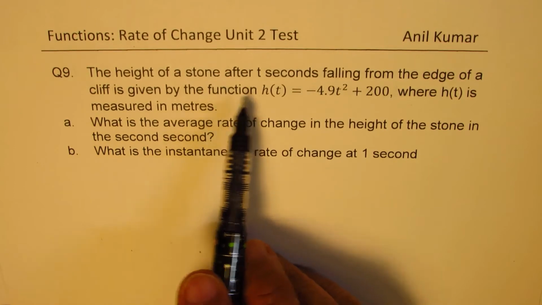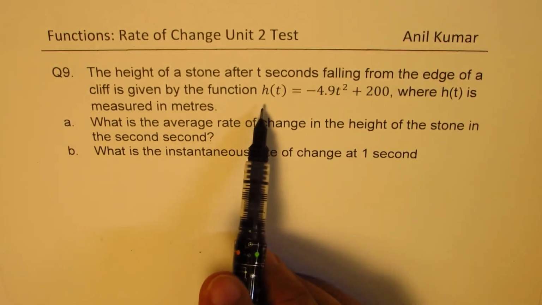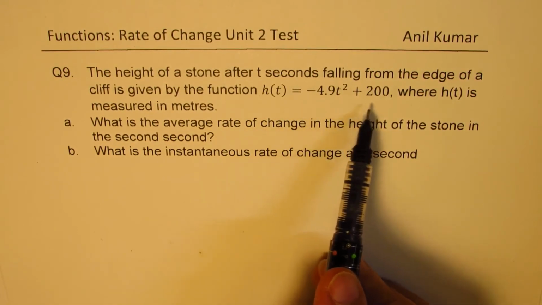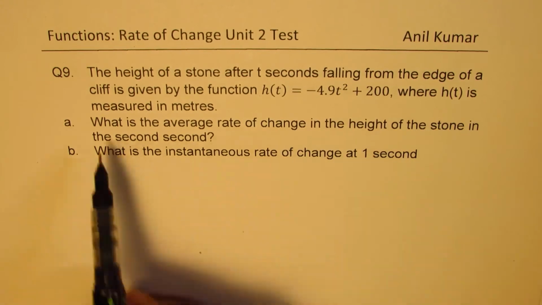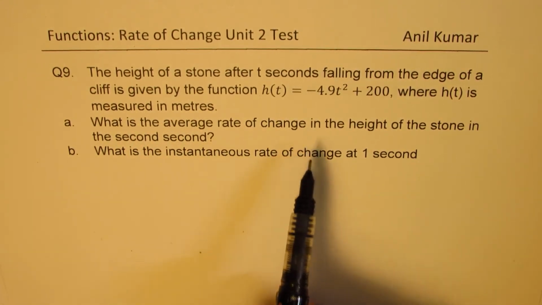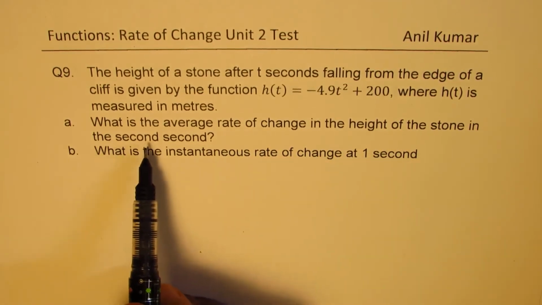9. The height of a stone after t seconds falling from the edge of a cliff is given by the function h of t equals minus 4.9 t squared plus 200, where h of t is measured in meters. What is the average rate of change in the height of the stone in the second second?